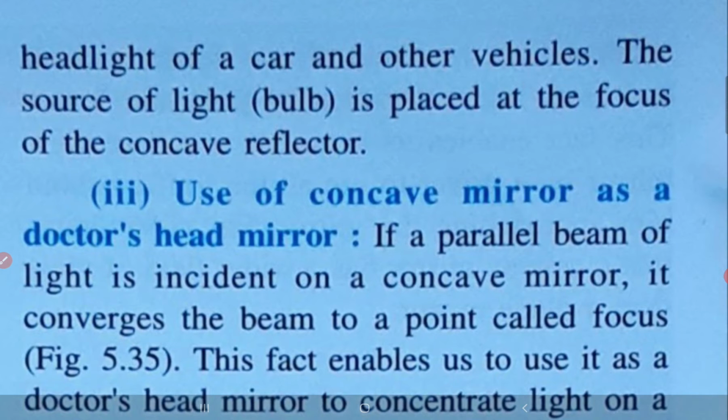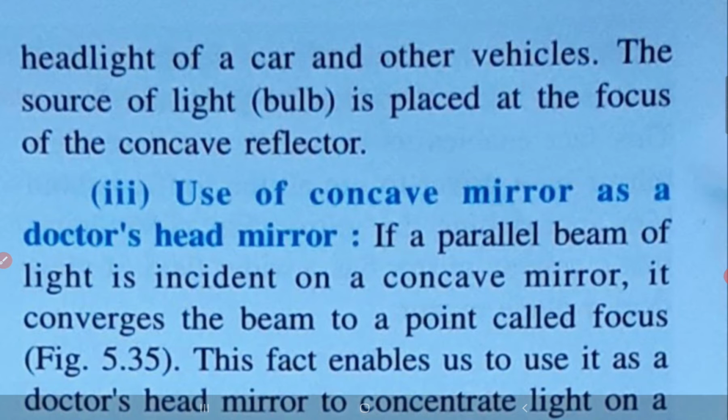Probably when you have observed your torch light, the front part, the silvery part which is curved inwards, acts as a concave reflector. The vehicle's headlights in front of the vehicle also have that silver colored concave reflector, so that it can produce a parallel beam of light.